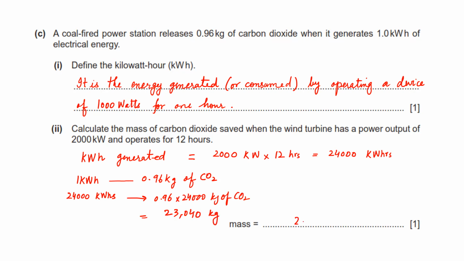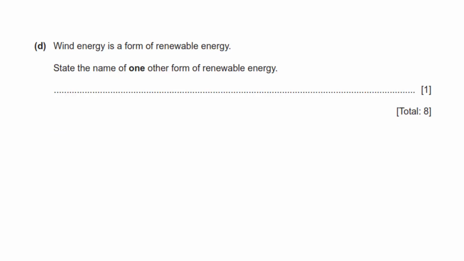So the mass of carbon dioxide that is saved because of operating a wind turbine is 23,040 kilograms.